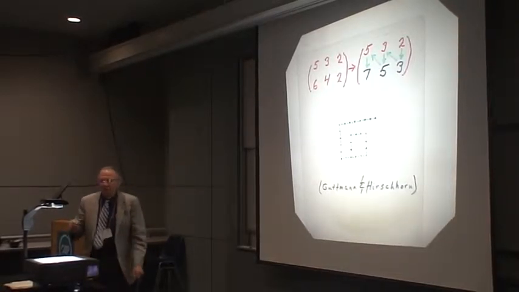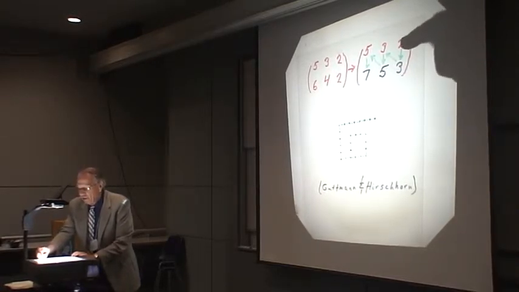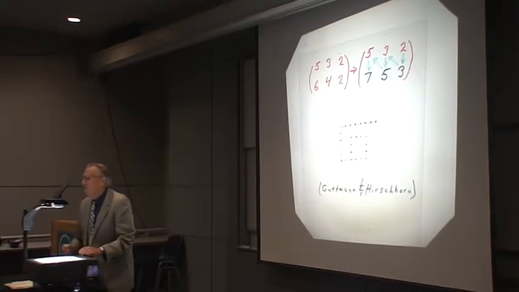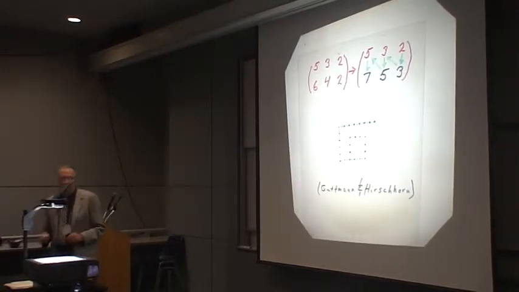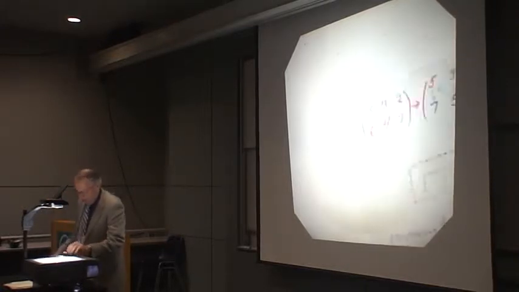If you have a 0 here, then you don't start with this 0, you start down in this corner, and that would give you the walks with an odd number of horizontal and vertical segments.